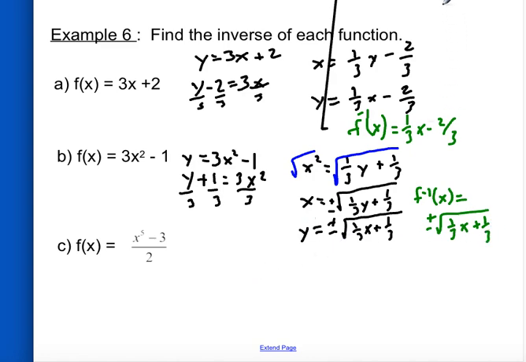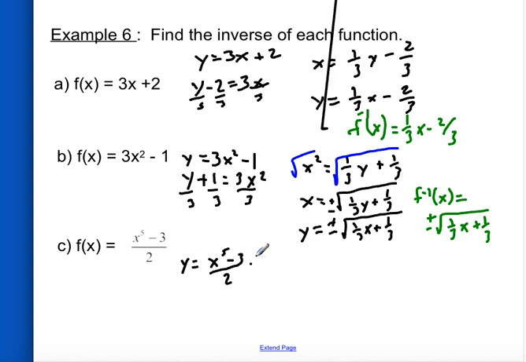All right, and then I've got a new one down here. Again, go ahead and replace the f of x there with y. So I did that. What do we do now? Now we're just going to go ahead and solve for x. So what do I have to do for that?